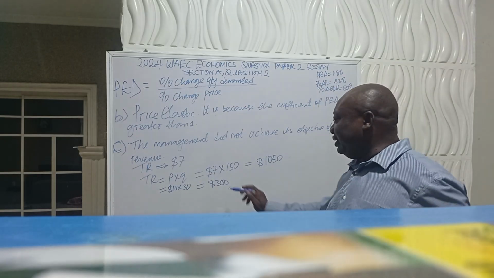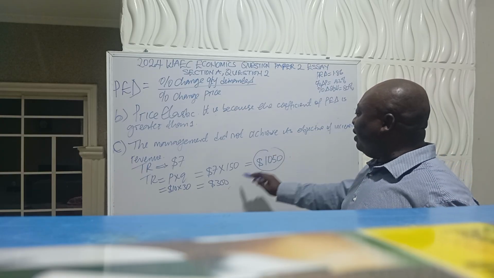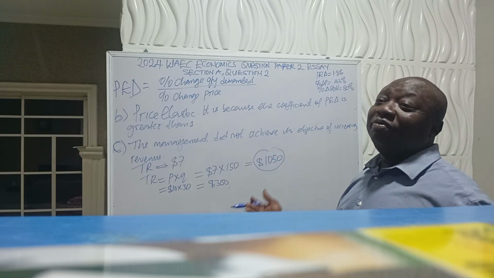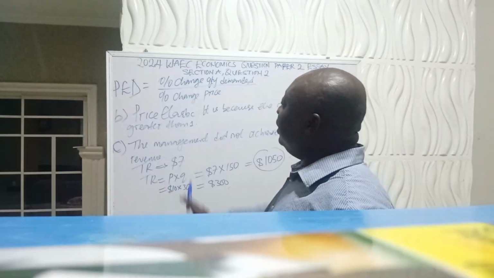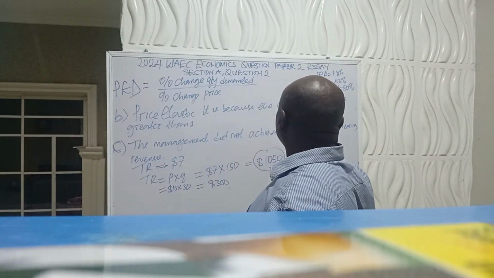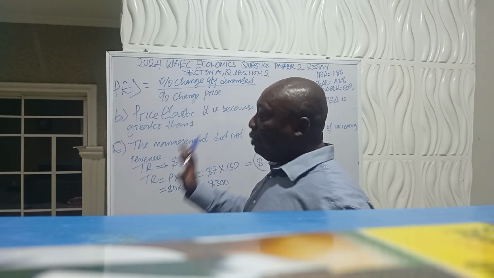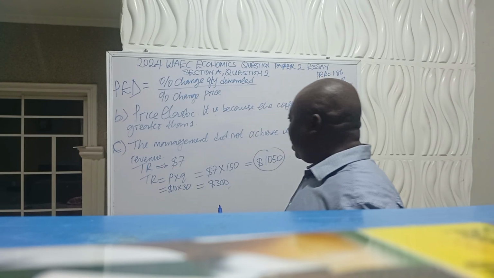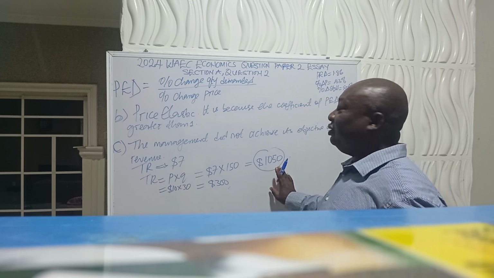Compare this and this. Which one is more? The total revenue when the price was $7 is more than when the price was increased to $10. So the management was not able to achieve its objective of increasing revenue, because at $7, total revenue was $1,050.